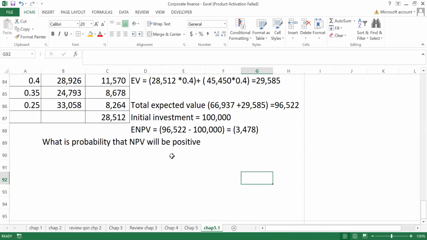So that is how to use a decision tree. I think it is easier than the payoff table.